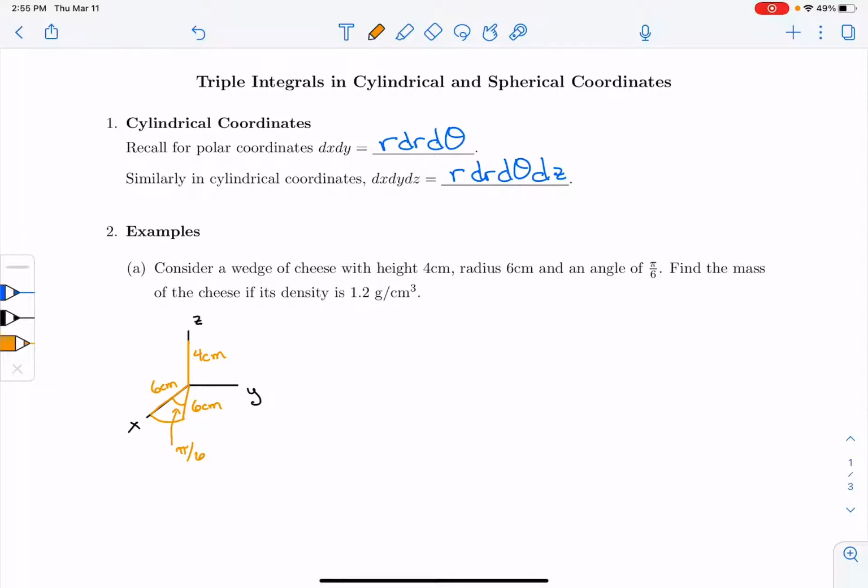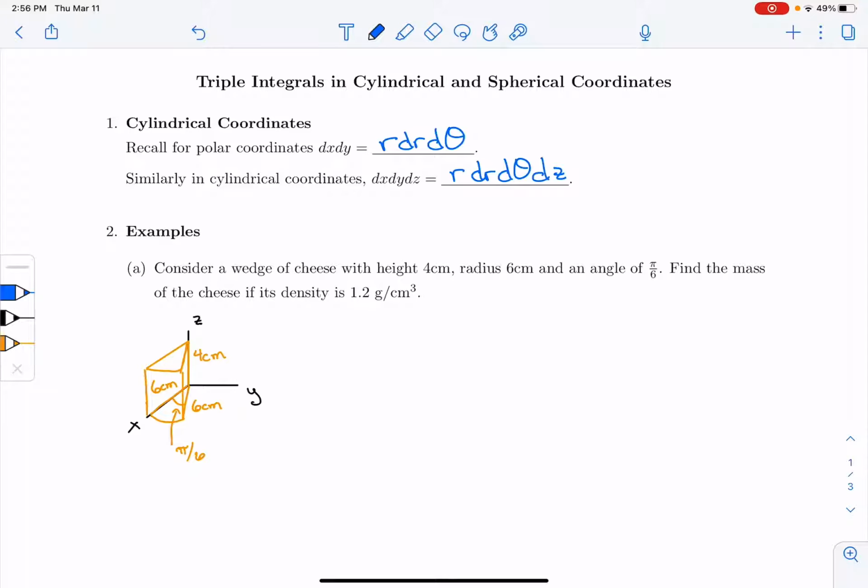So here the height of the cheese is 4 centimeters. And then I'm thinking that I took a cylindrical block of cheese and then I've cut out a wedge. So it's going to come across like this, and then it's going to go up like that and make a cheese wedge that's cut from a cylinder, easily described in cylindrical coordinates.